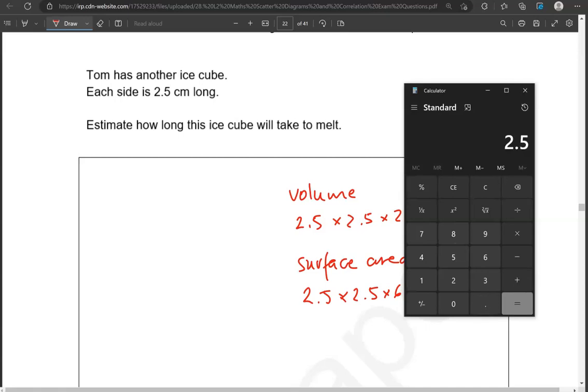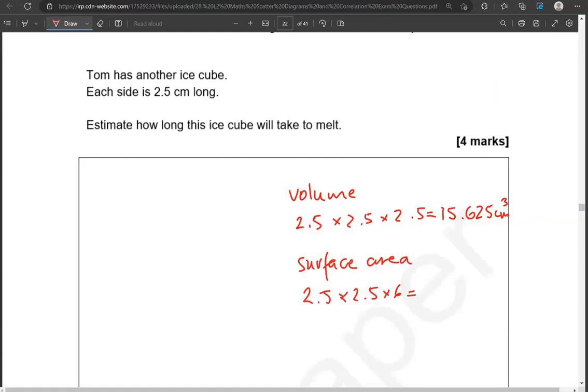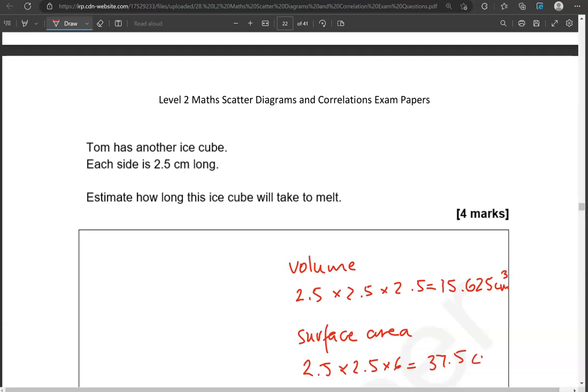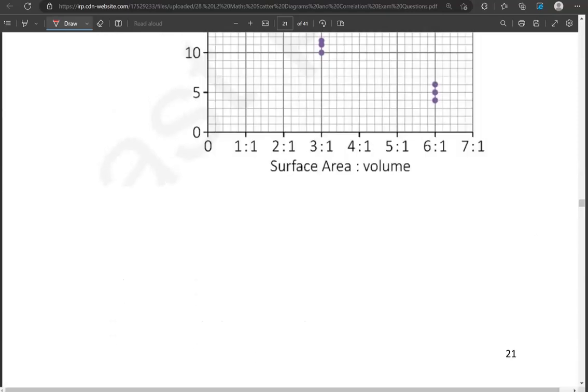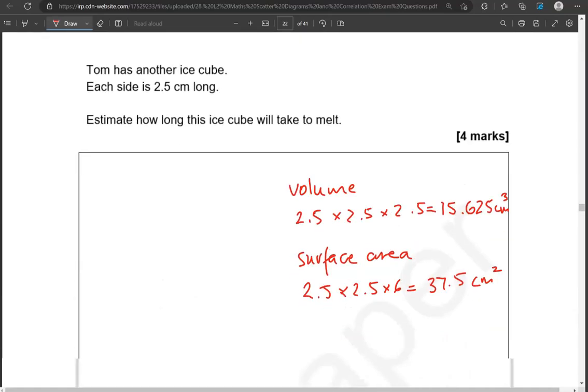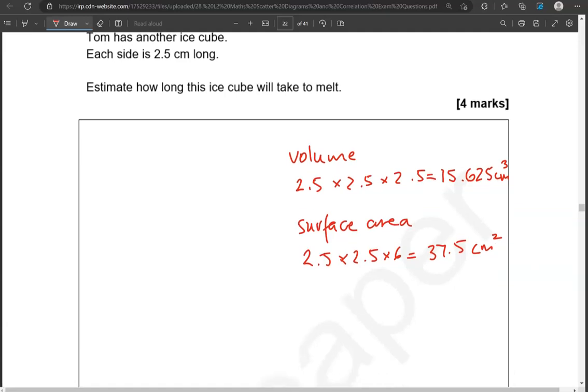So 2.5 times 2.5 times 6 gives us 37.5. That is centimeters squared. So this is the ratio of surface area to volume. So surface area 37.5, volume 15.625. We can simplify this further.